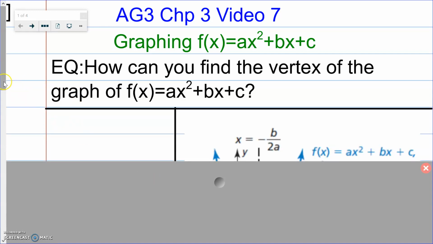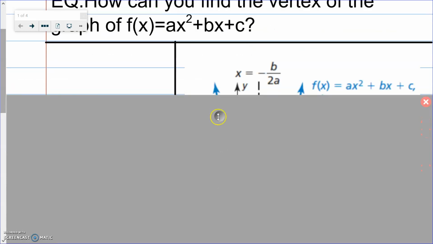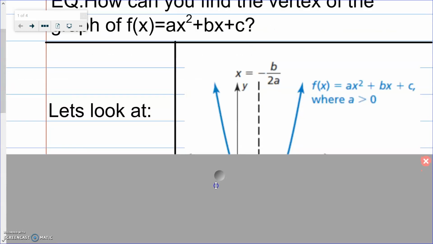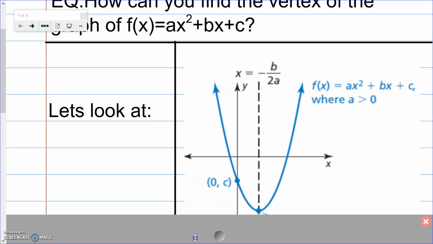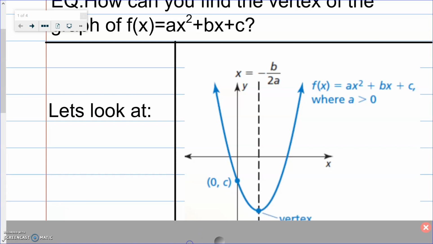So we're going to be starting off with a diagram. Remember, this is called a parabola, where our lowest point is the vertex. Where our parabola crosses the y-axis is called our y-intercept, and this will be given from our letter c, or the value for c.